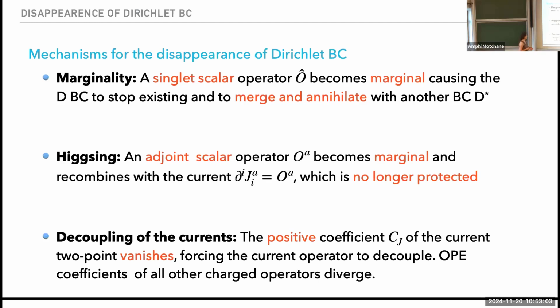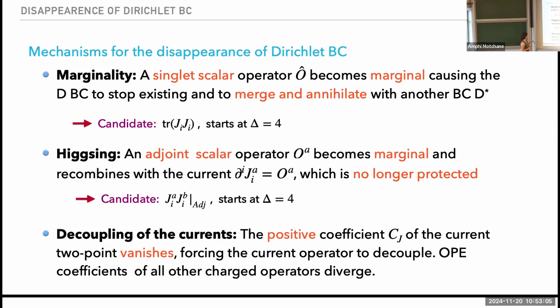And so what we try to do is to investigate these three possible scenarios by computing perturbatively the data at the boundary, in particular the candidates for the first scenario. So we are looking for the lightest singlet scalar operator at the boundary, which is trace JJ.